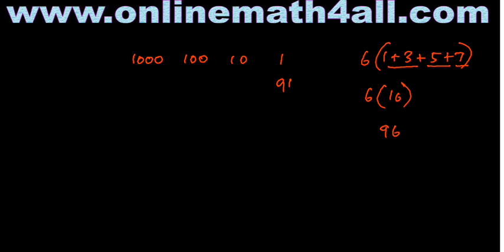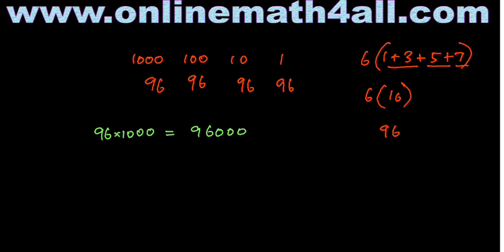So in units place I'll get the sum 96, in tens place I'll get the sum 96, in hundreds place I'll get the sum 96, in thousands place also I'll be getting the sum 96. Since I get the sum 96 in thousands place, I have to multiply 96 by 1000. When I multiply 96 by 1000, I'll be getting 96,000.